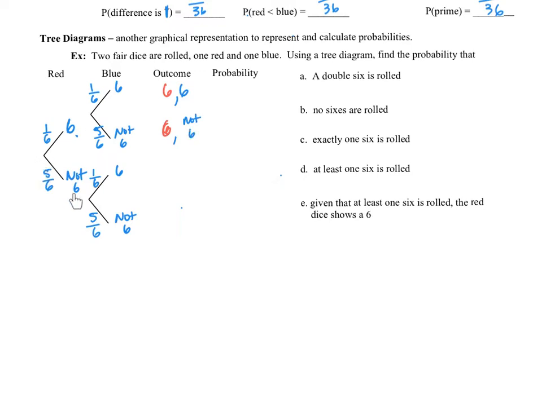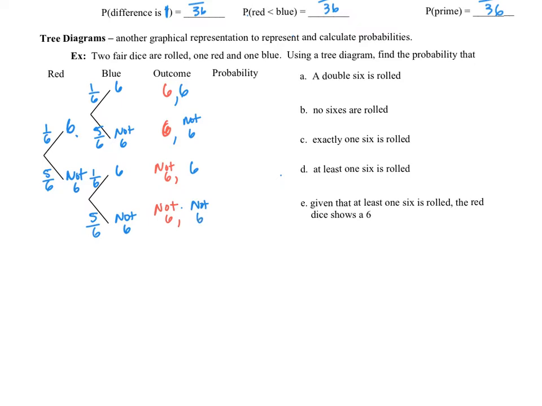We can either get a not 6 on the red and a 6 on the blue, or the last possible outcome, not 6 on the red and not 6 on the blue.